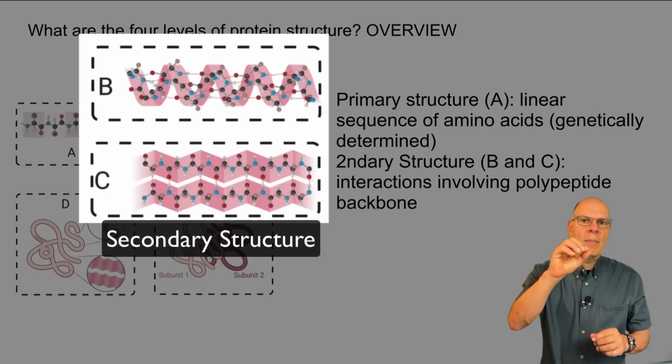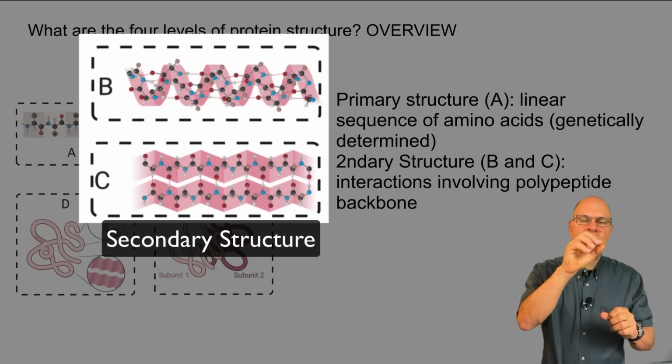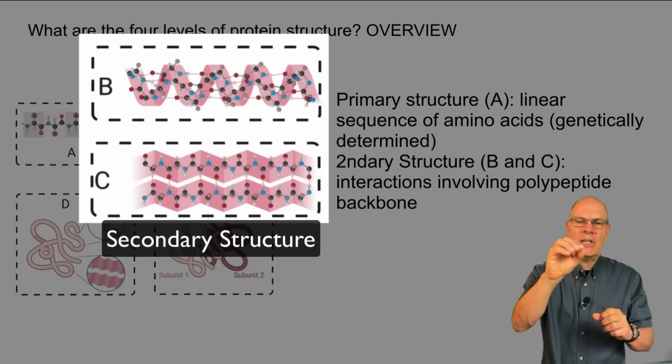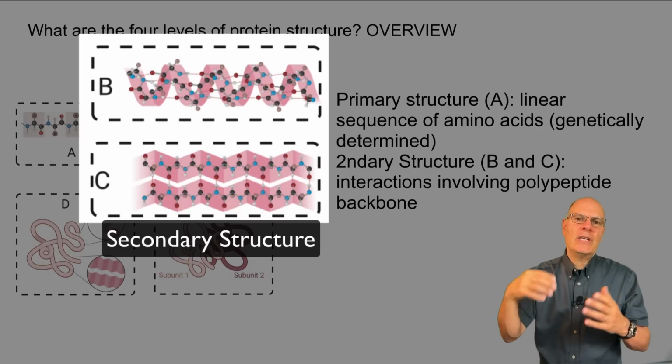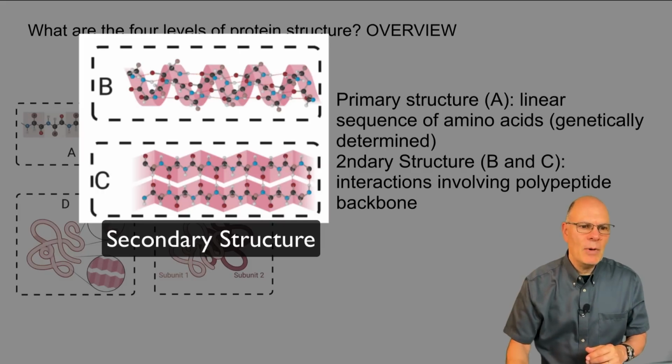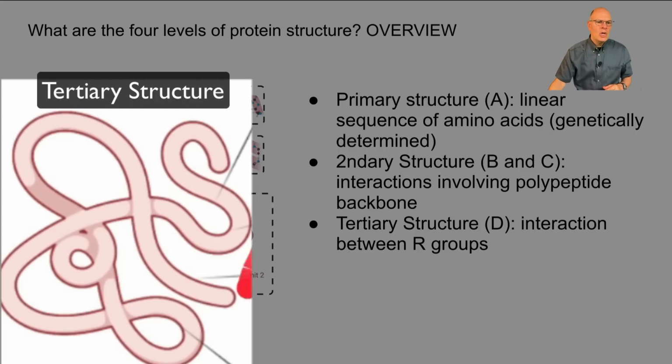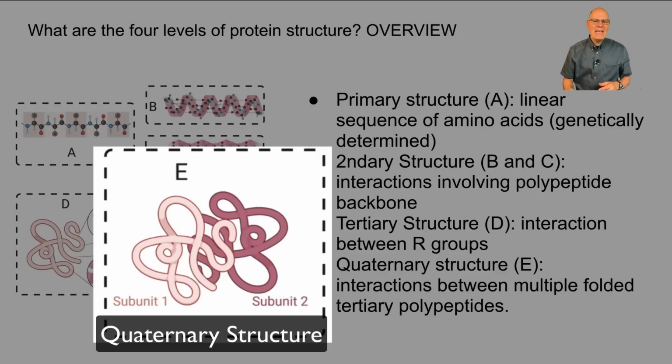When you do a dehydration synthesis and connect one amino acid to the next, to the next, to the next, that chain of carbon-carbon-nitrogen, carbon-carbon-nitrogen, that's the polypeptide backbone. The next level is called tertiary structure, and those are interactions between those R groups. And then finally, there's quaternary, fourth level structure, and that involves interactions between multiple folded tertiary peptides.